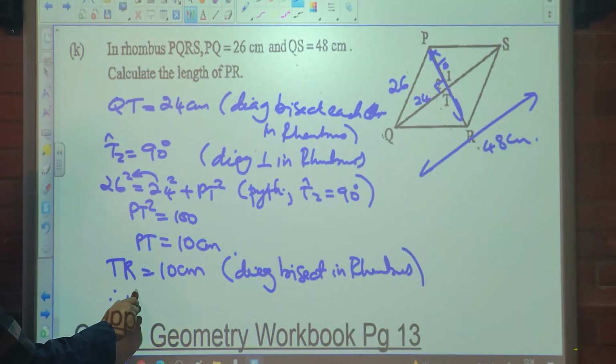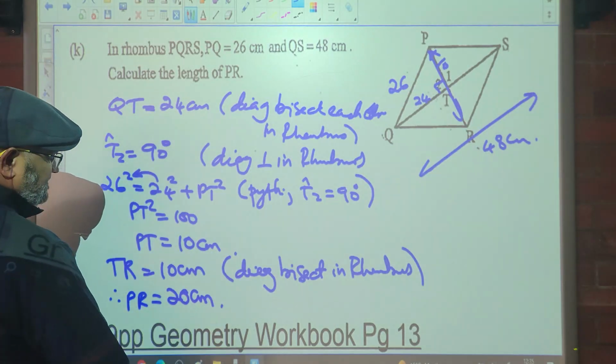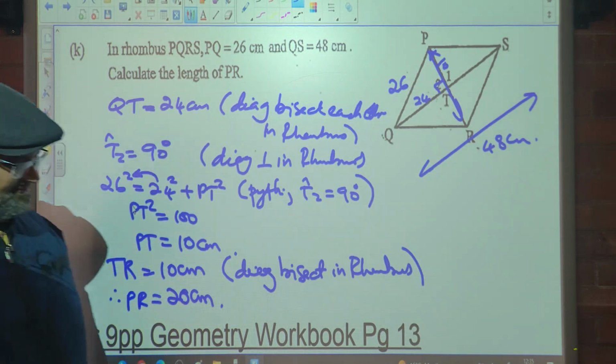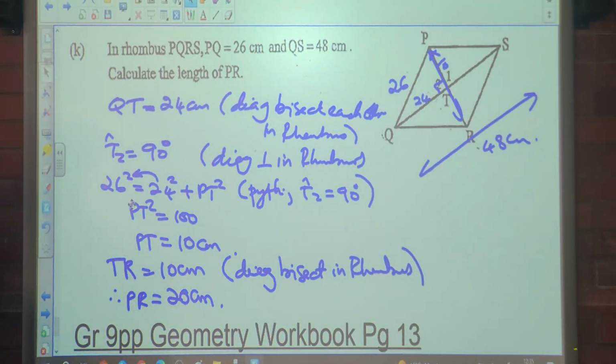So therefore, PR is equal to 20 centimeters. Who got that one right? Nobody? Okay. Will you get it right in the exam now?